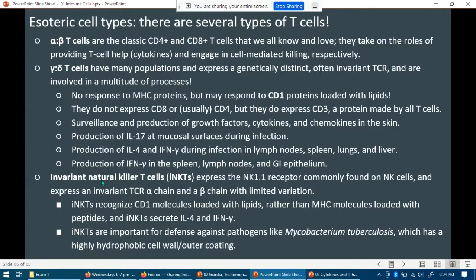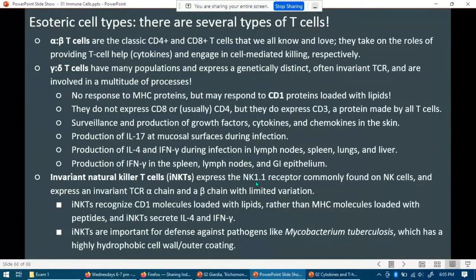Okay, and then we have the invariant natural killer T cells, or the iNKTs. And these are a cell population that has a phenotype that's somewhat of a mixture of T cells, specifically CD4 T cells, and natural killer cells.